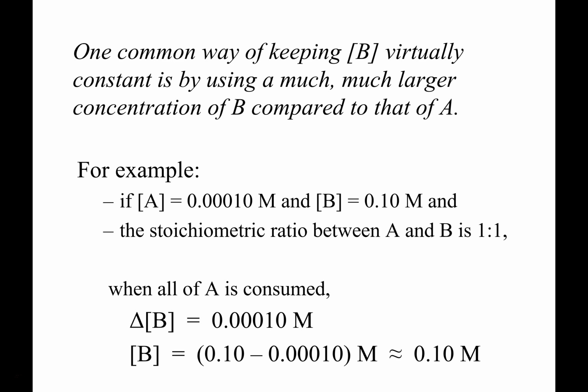Then that means actually at the time that all A, and it's assumed that they react in a one-to-one stoichiometry, at the time that all of your A is then converted to products and a certain amount of your B is used, notice that the amount of your B that's used is essentially 0, especially when you take into consideration you have to round according to decimals because you're subtracting. So it's basically unchanged. So that's what I mean by you have a system overdosed on B.